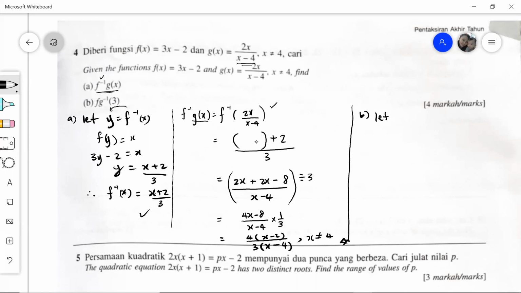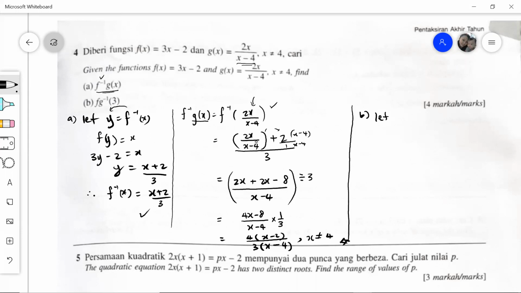Then only I put in the new object. The object here is 2x over x minus 4. So I want to add this term and this term. Therefore, I need to find the lowest common multiple. That means I multiply x minus 4 up and down.